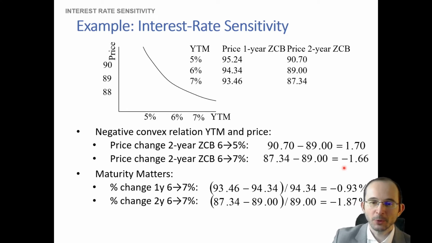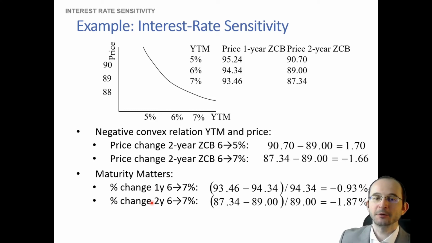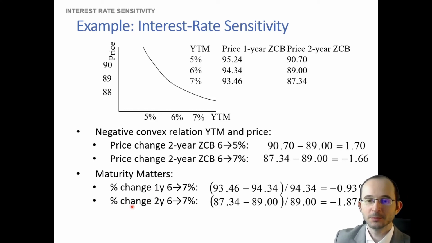Now, maturity, of course, matters. So if we look at the 1-year versus the 2-year zero coupon, and we increase the interest rate from 6 to 7%, the 1-year zero coupon goes from being worth 94.34, the present value of 100 discounted for 1 year at 6%, to 93.46, the present value of that same amount discounted for 1 year at 7%.